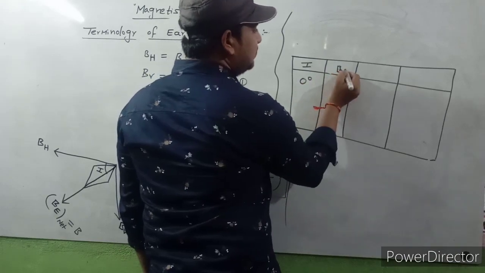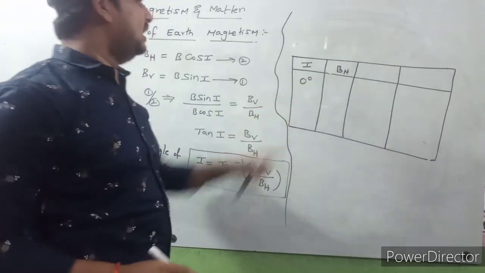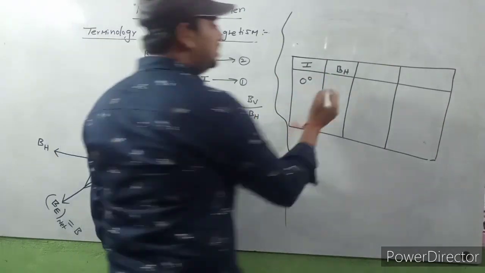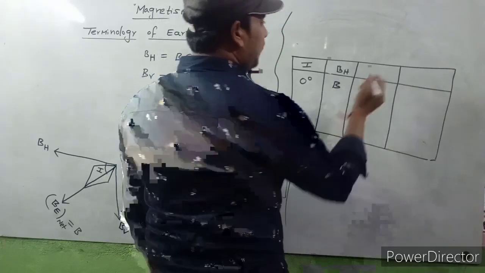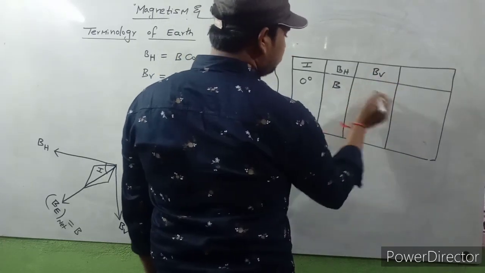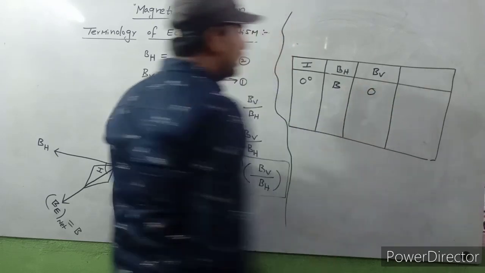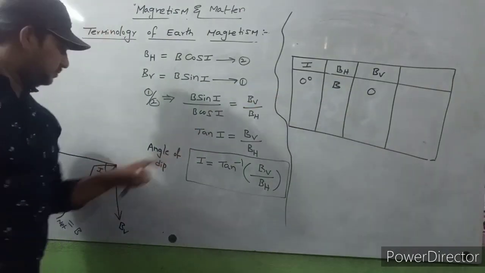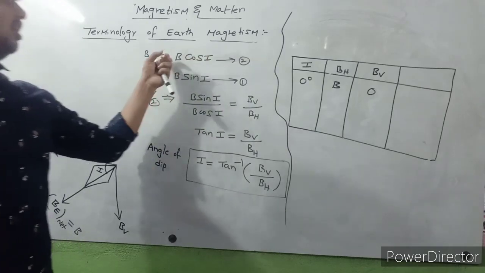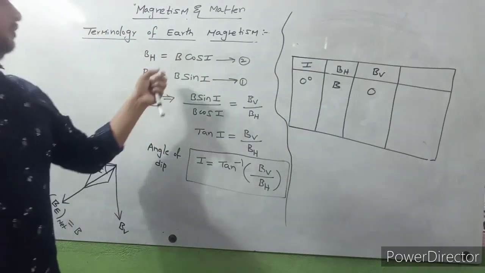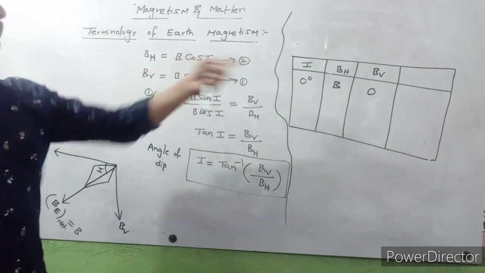Then if angle of inclination is 0 degrees, BH value is B cos theta. Then B cos 0 is equal to B. Then BV is equal to 0, because BH is equal to B cos I and I value 0 degrees means BH is equal to B. BV is equal to B sin I, if I is equal to 0 degrees we'll get BV value 0.